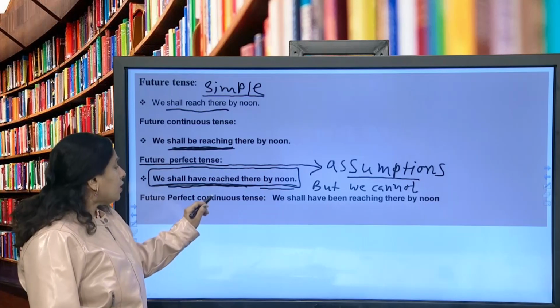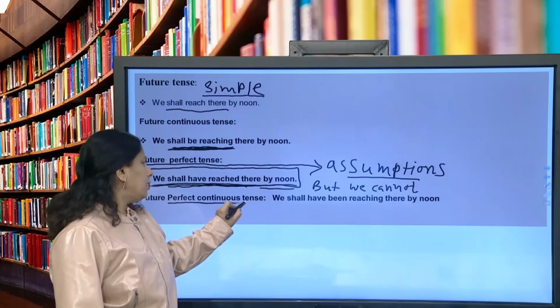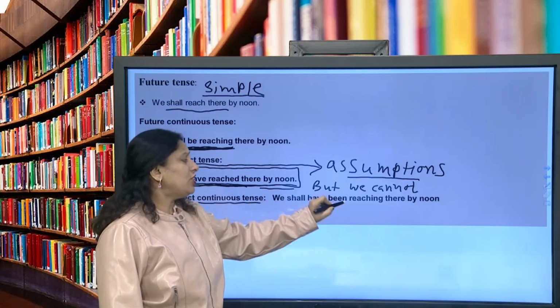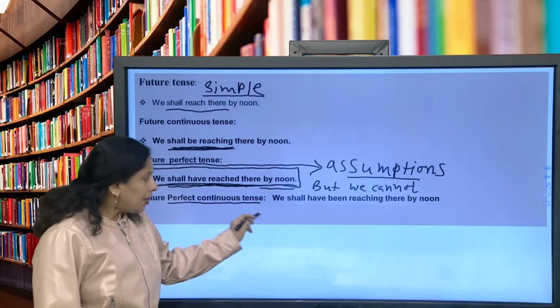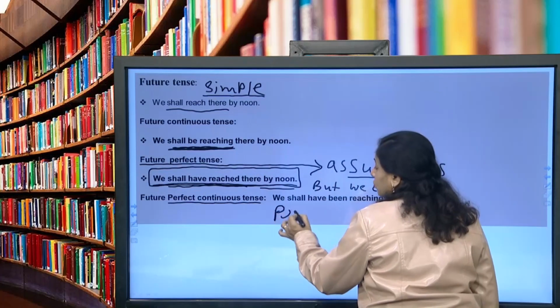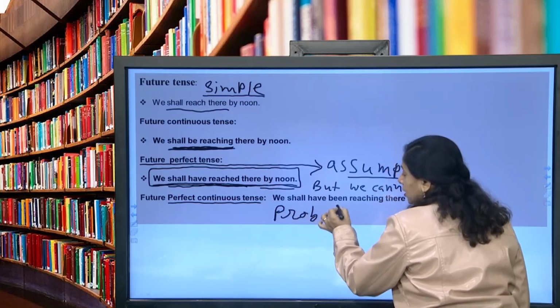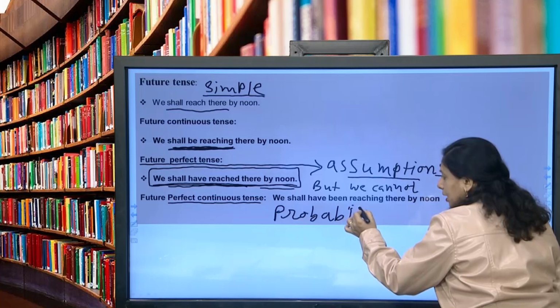Future perfect continuous tense: we shall have been reaching there by noon. Probability, we shall have been reaching there by noon. Probable sentence, of course it is showing probability.